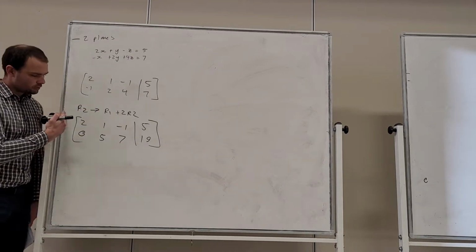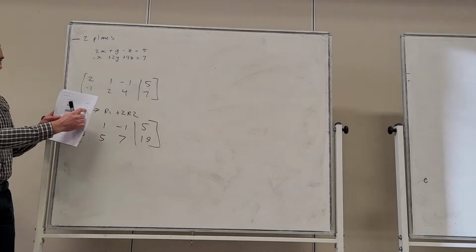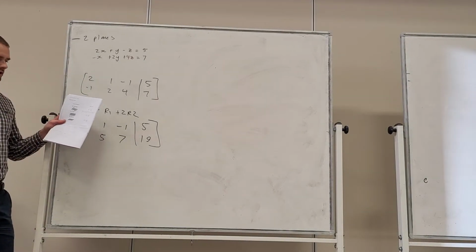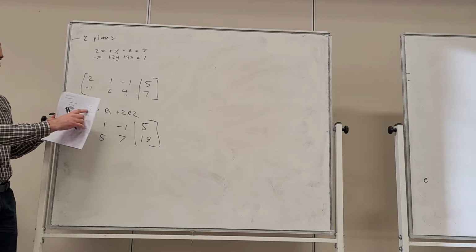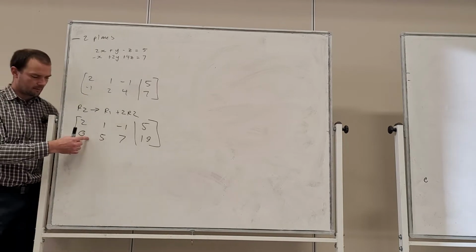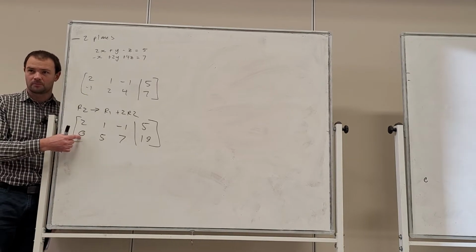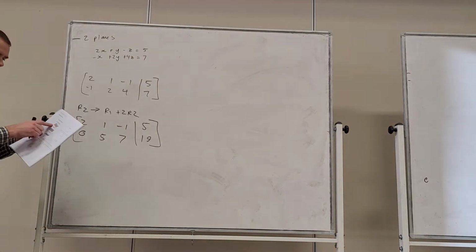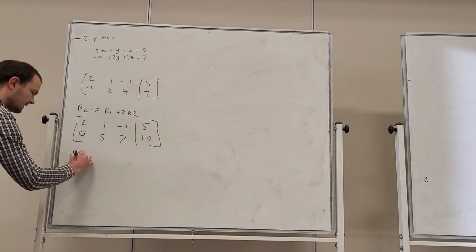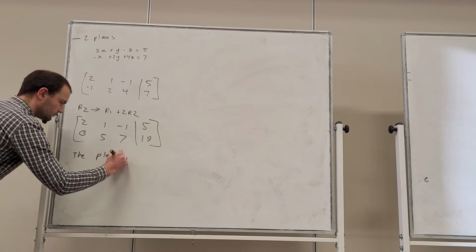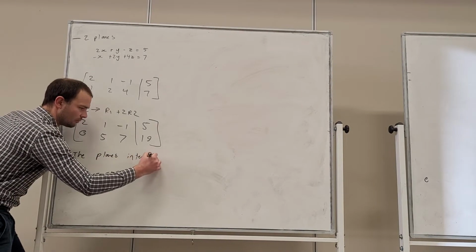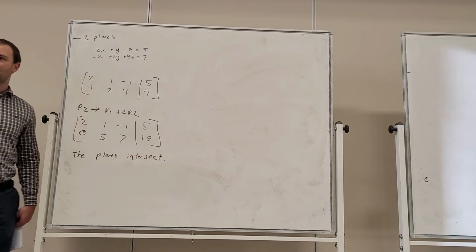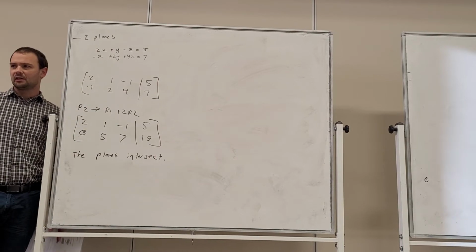Anyway, because we've reduced it to row echelon form, we can refer to our table and say, well, which solution do we have here? And it's the top one. All right, we've only obtained 1, 0, which means with 2 planes, it has to be the top result. The planes intersect, and when planes intersect, they will inevitably intersect along a line.